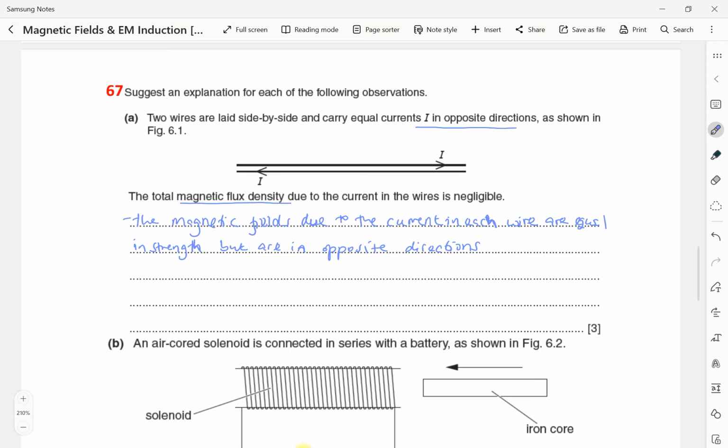So because they are equal but in opposite directions, we can think about the total as being, because magnetic flux density is a vector quantity, the resultant is the algebraic sum. So they cancel out each other since they're in opposite directions.